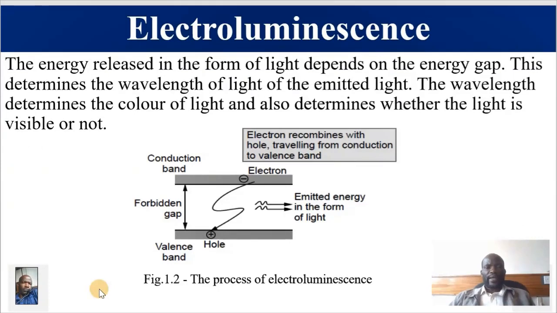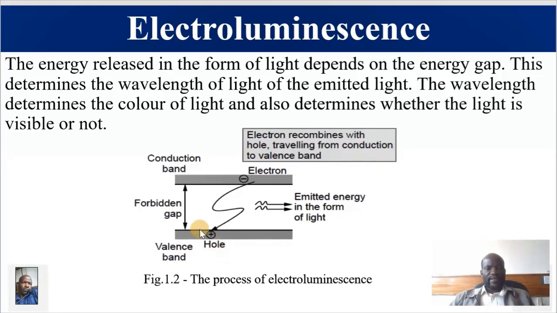More on electroluminescence, and we are saying from our diagram, this is the conduction band, this is the valence band, and as I said, these are the two most important bands. The other bands, because they are attracted to the nucleus of the atom, are not very important because their electrons will not escape, will not become free.